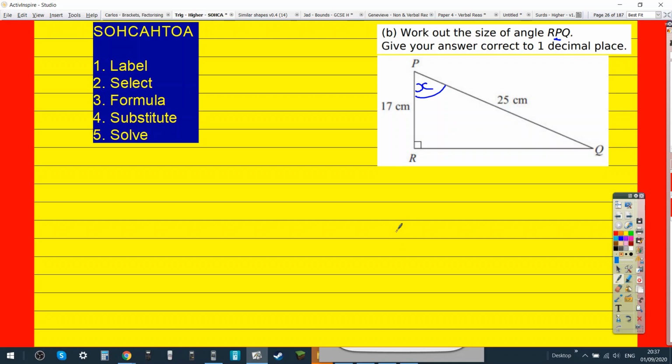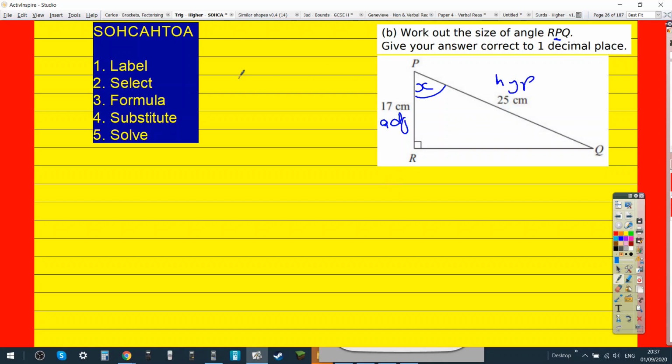Okay, so the opposite is R. Wait, no, only do the ones with the numbers. Oh, I see. So the adjacent is 17. The hypotenuse is 25.